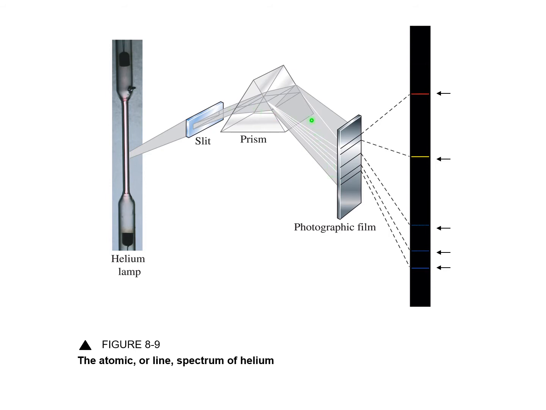The prism separates the wavelengths according to their frequency and wavelength, and that would be recorded on a photographic film plate. These lines are called emission spectral lines, and you can see that they're basically quantized, and we'll talk about what that means. The important part is that each element has its own emission spectrum.